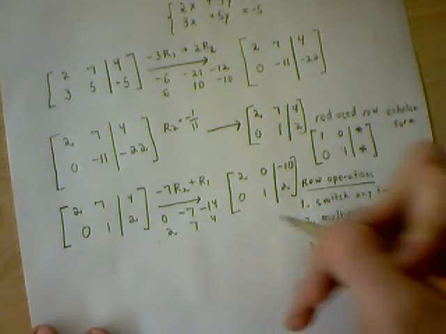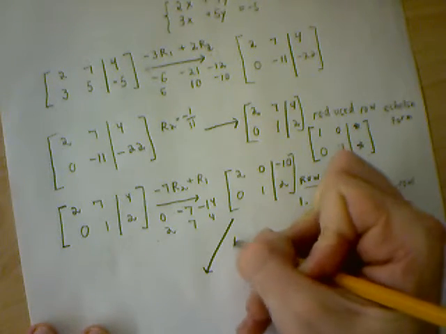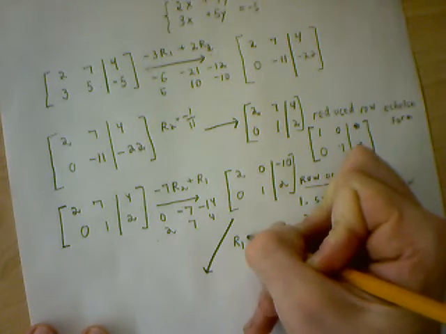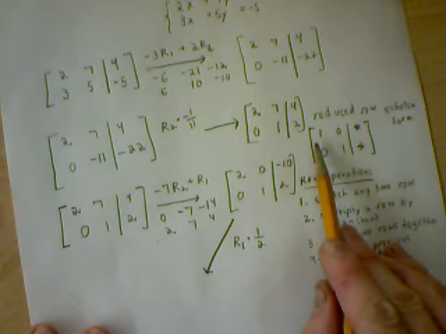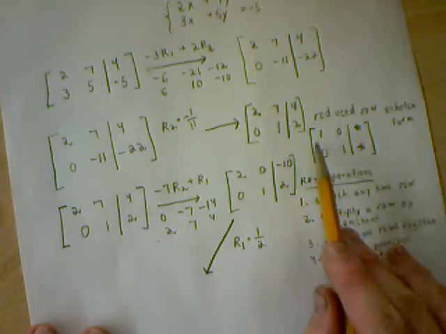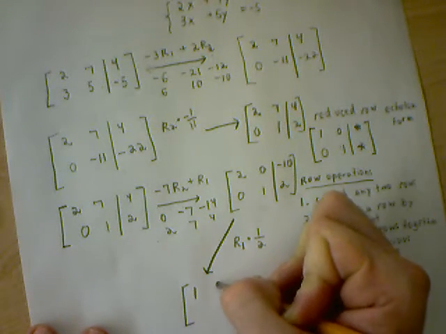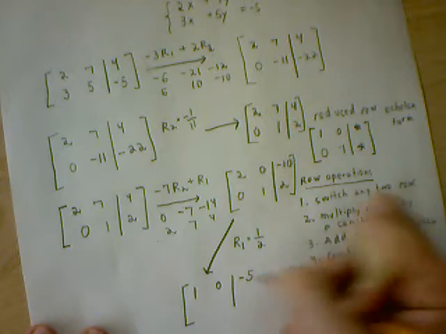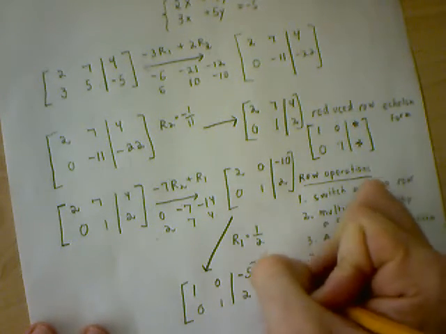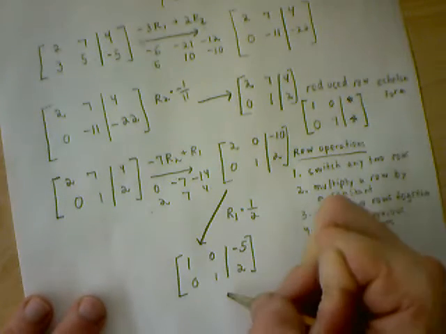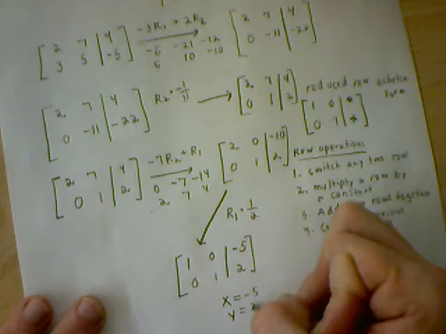So what I'm going to do now is take row 1 and multiply it by 1/2 so that this can become a 1. Multiplying it by 1/2, I'm left with 1, 0, negative 5, 0, 1, and 2, which means that the solution to my system is x equals negative 5, y equals 2.